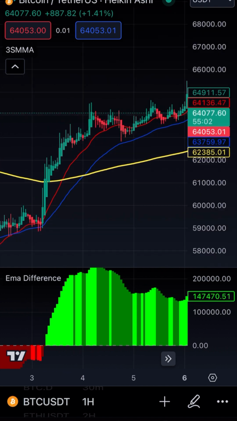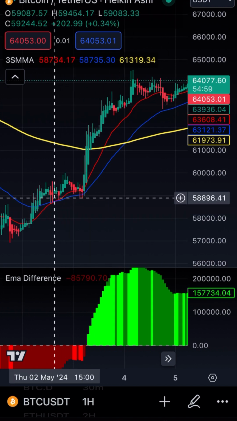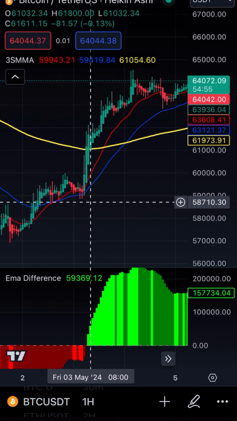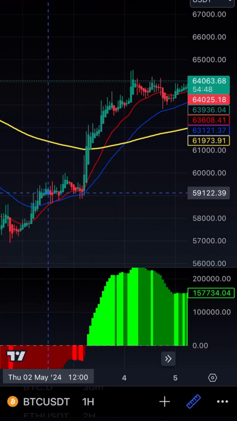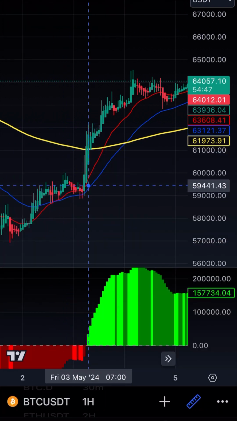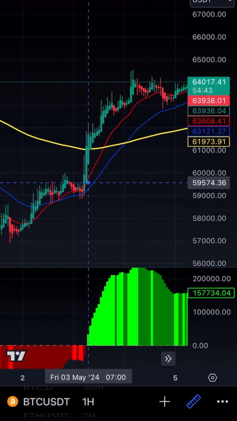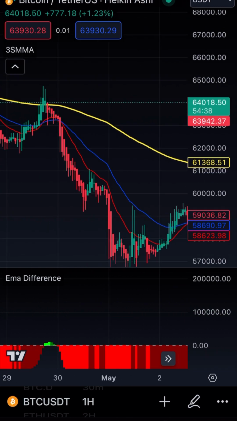But let's just go with this trade right here. We see that it's crossing right here, and it actually doesn't happen until right here. So you could still get in this trade from here, but personally, I wouldn't get this trade till here. Let's go back and look at a couple other times that this happens.